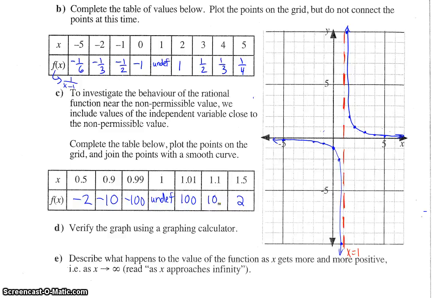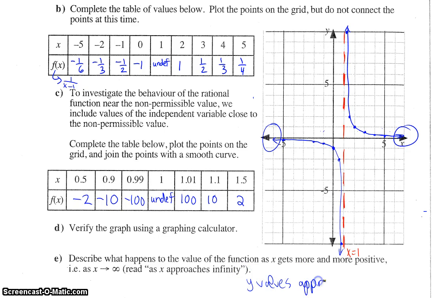So let's also talk about what's happening at either end of the graph here. As x gets larger and larger, it looks like our y values are getting very, very close to what number? Well, it looks like the y values are approaching, but not equaling 0.